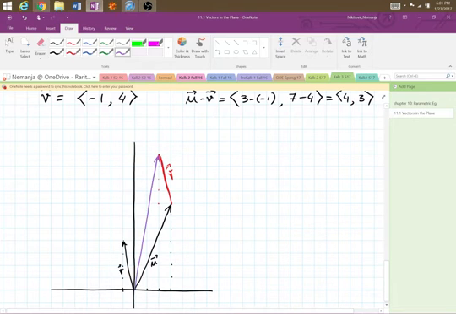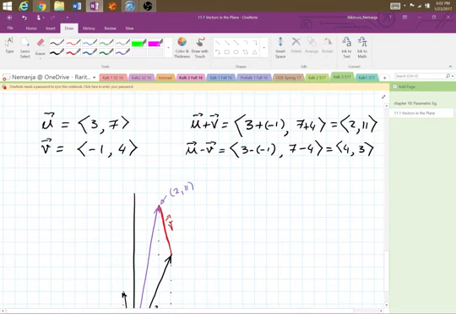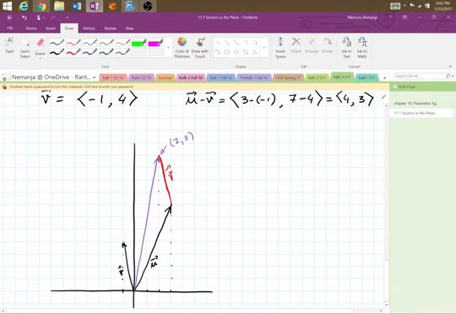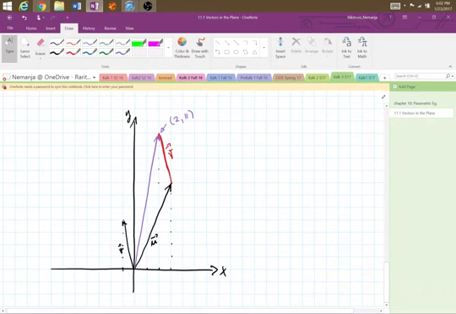If you look at the resultant, this point here is 2, 11, which is exactly what the answer for the vector was, because the vector stretches from the origin all the way to the terminal point. So I have 2, 11, and that was addition.